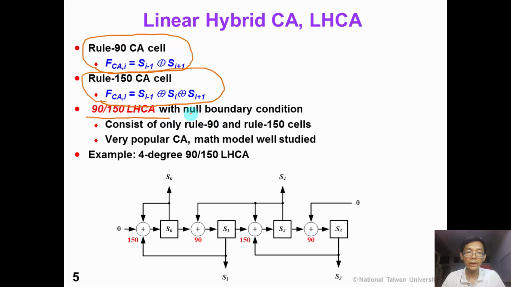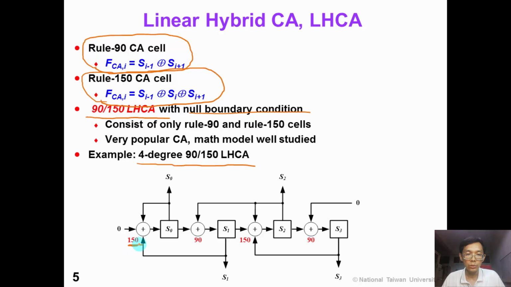The left and right hand sides are tied to 0, so we call it null boundary condition. This 90-150 cellular automata is a very popular structure of cellular automata because its mathematical model has been well studied. This figure shows an example 4-degree 90-150 LHCA.